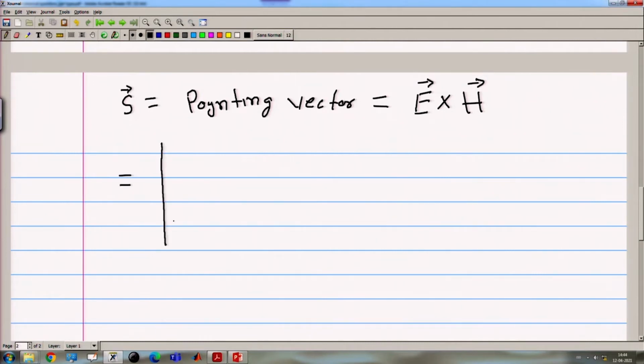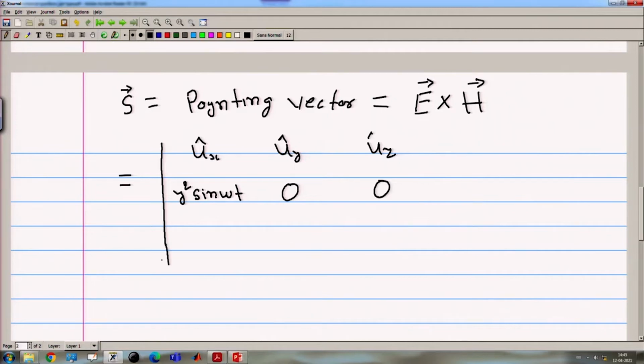So, we can do it like this: U x, U y, U z. The electric field is U x by a square sin omega t, so the electric field has only an x component, and all other components will be 0.